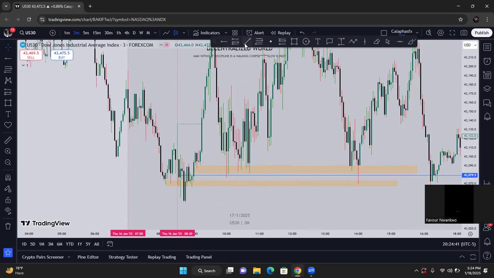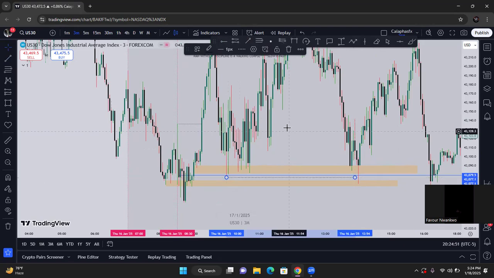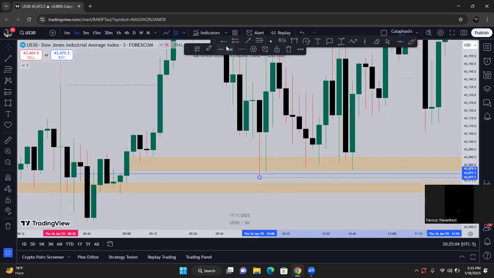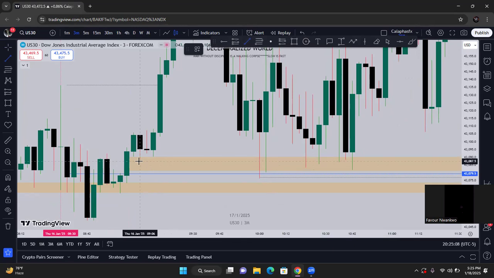Okay, let me add another thing. You have liquidity here. We also have liquidity. This was the liquidity that I used. This was the one that I used, this one here.